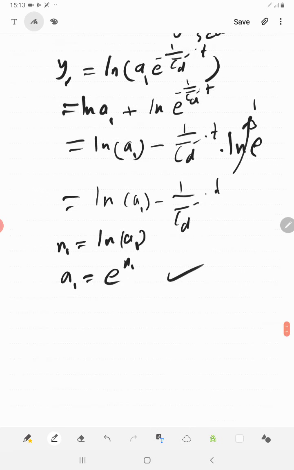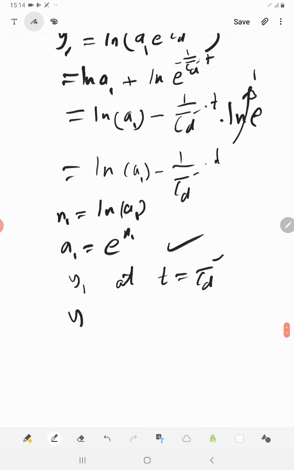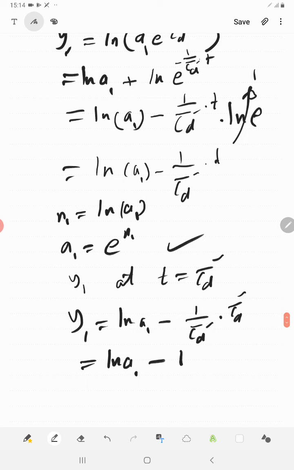Now, from the same curve y1, what is the value of y1 at time equal to tau d transient? It would be y1 equal to ln a1 minus 1 over tau d transient times tau d transient, which is equal to ln a1 minus 1.